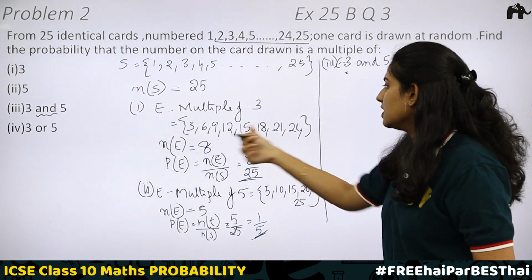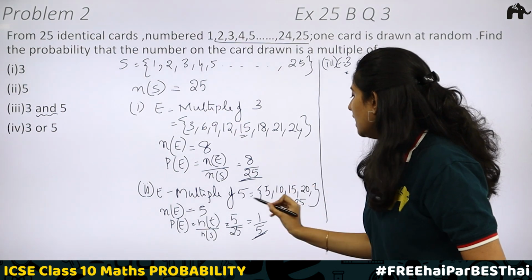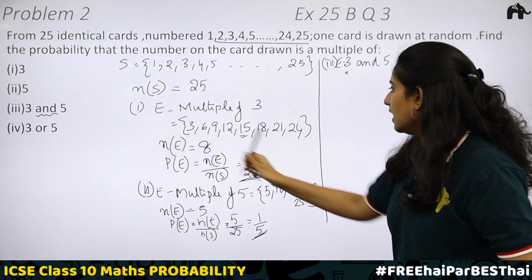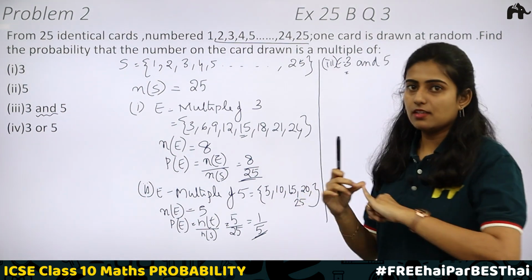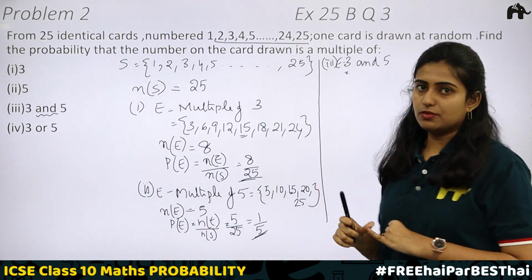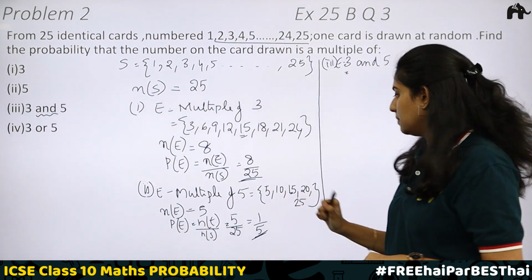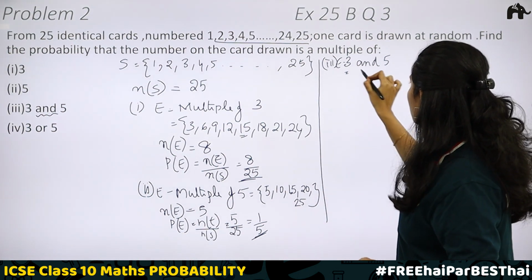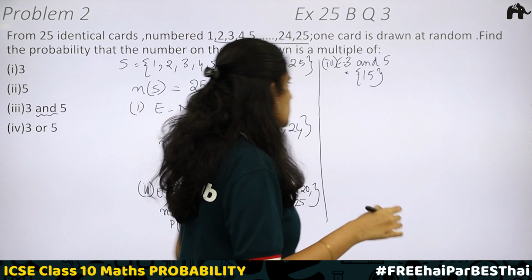Is there any number which is the multiple of both 3 and 5? Here we have 15. Here also we have 15. Is there any other number which is common? No, right? So 15 is a number. It is a multiple of 3. 3 fives are 15. And 5 threes are also 15. Okay. So it is both the multiple of 3 and multiple of 5. Therefore, you can have only one outcome favorable, which is 15.